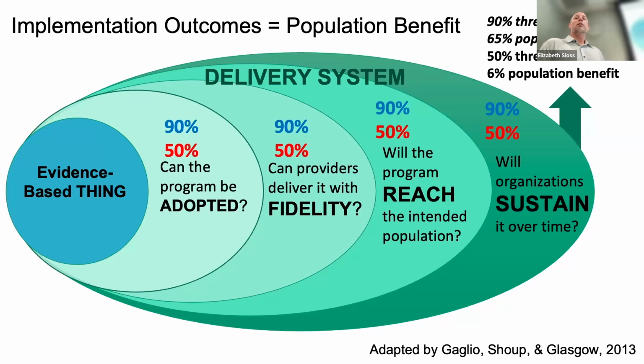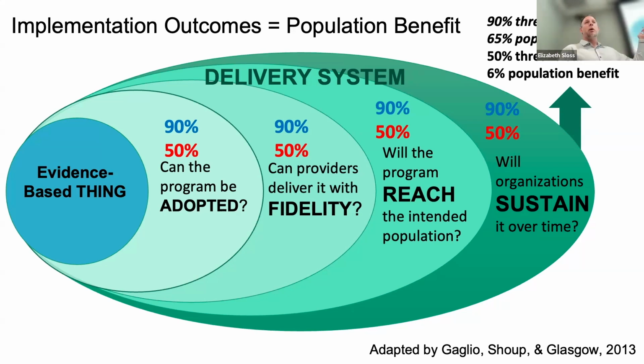Sometimes it's that they were offered and they weren't able to access, which could be an issue related to participant characteristics, social determinants of health, structural factors, other things. But essentially really digging into how many people got it among who should have helps you really understand how much benefit could have been realized that wasn't. And then the final thing is, will organizations sustain it over time, or was it able to be sustained?